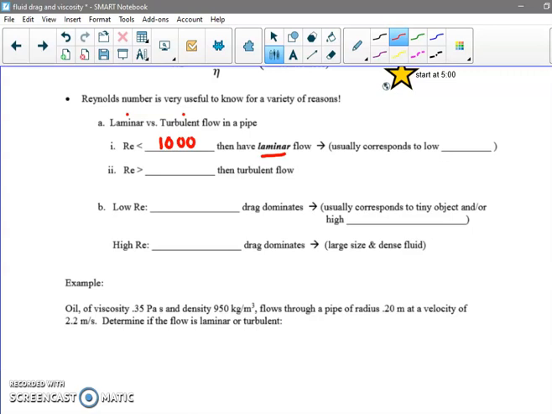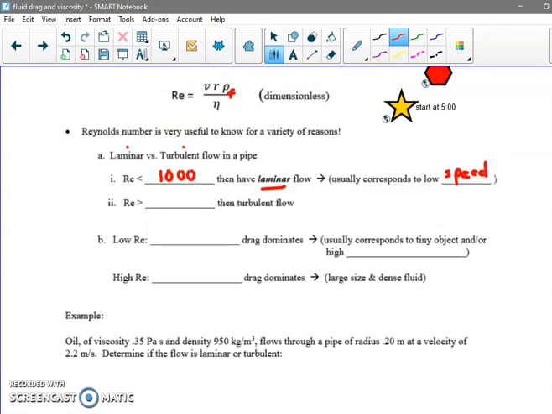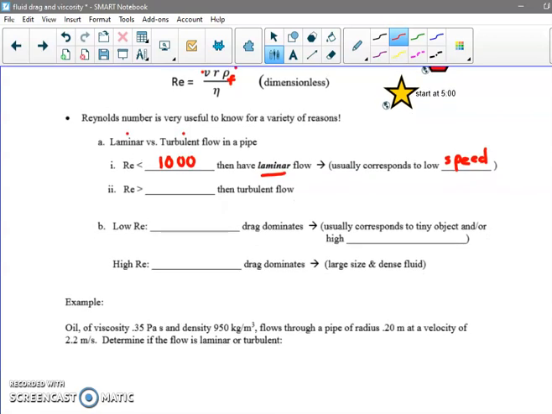The slow Reynolds number usually means nice smooth flow, and that's because it corresponds to a low speed. In other words, if you have a fluid moving really, really fast, the V part in here is going to inflate your Reynolds number because density of the fluid is a given. The size of the pipe can be changed, but not radically different. Eta is given for water, so what you can control is the speed. And a big speed usually leads to a high Reynolds number, which will lead to more turbulence.